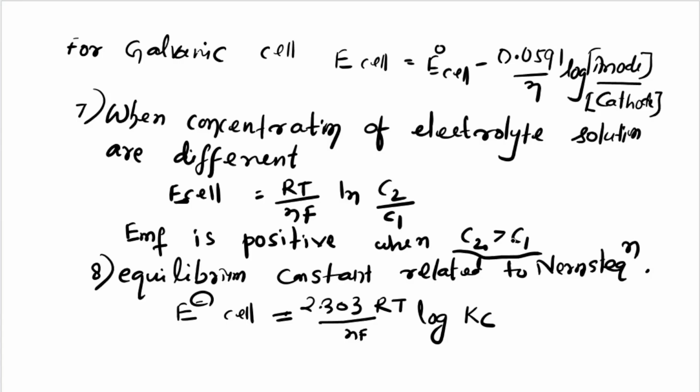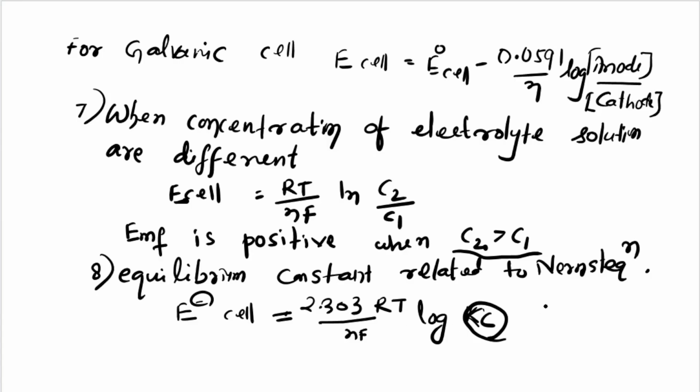Okay. The equilibrium constant is related to the next equation. Equilibrium constant means Kc. All these things you read before, you only revise. E0 cell, the standard electrode potential, equals 2.303 RT by nF log Kc.